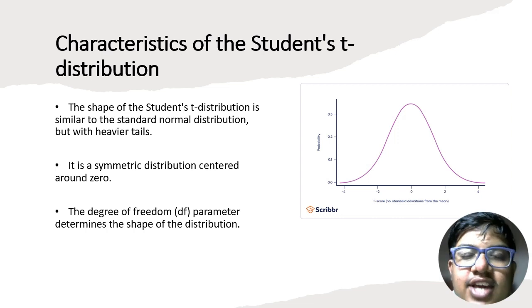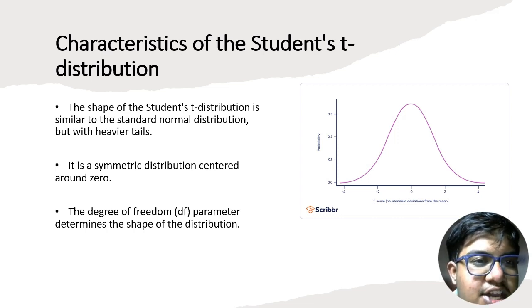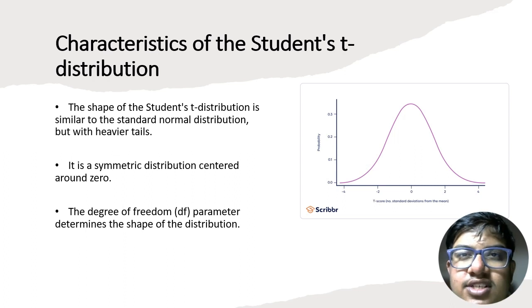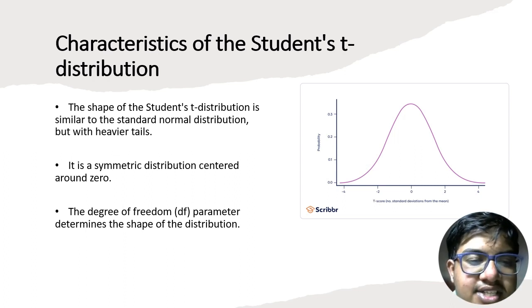Now let's know the characteristics of Student's t distribution. The shape of the Student's t distribution is similar to the standard normal distribution but with heavier tails. It is a symmetric distribution centered around 0. The degree of freedom, represented by df, is a parameter that determines the shape of the distribution.